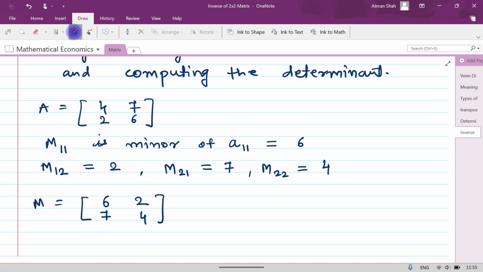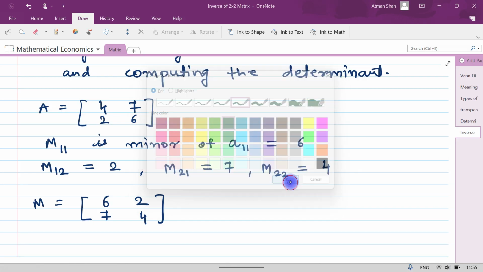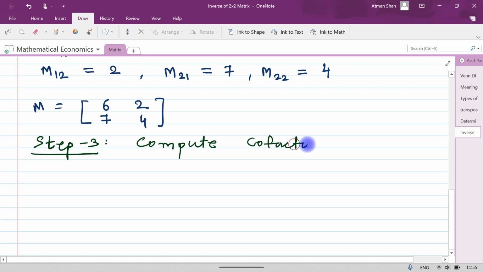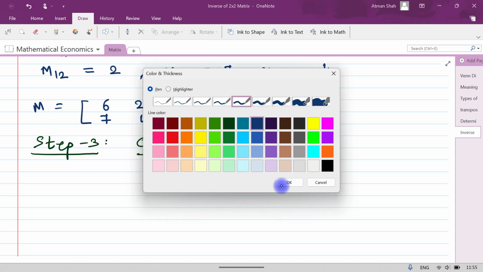Now let's understand step 3. Here we are going to compute cofactors.